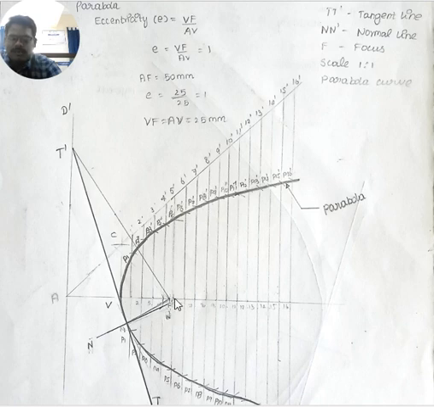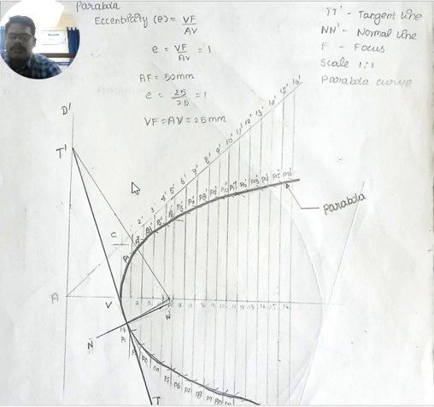Once we have marked the focus point on the axis, then we have to mark the vertex point. Vertex, that is the moving point. We have to mark this V point based on the given eccentricity ratio. In this problem, the eccentricity ratio is not given, but instead they have mentioned the type of curve. It is a parabola. If it is a parabola, the eccentricity ratio is 1.